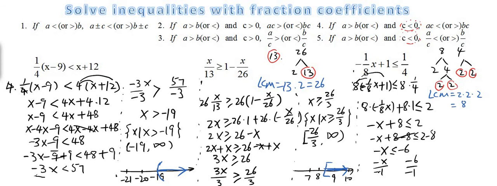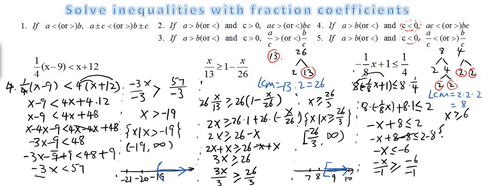And since -1 is negative, that means we're going to change the sign of inequality to the opposite one. So here is less than or equal to. That means here should be greater than or equal to. So we can simplify it. We're gonna get x is greater than or equal to 6.